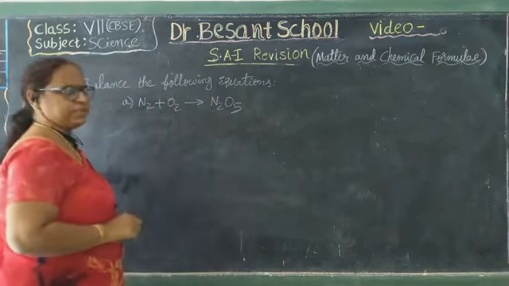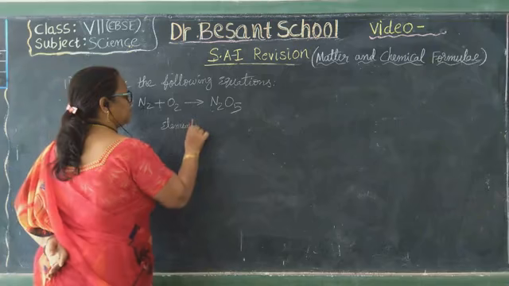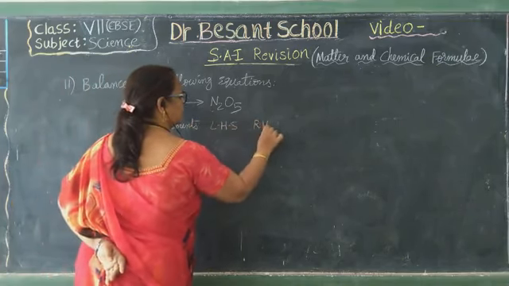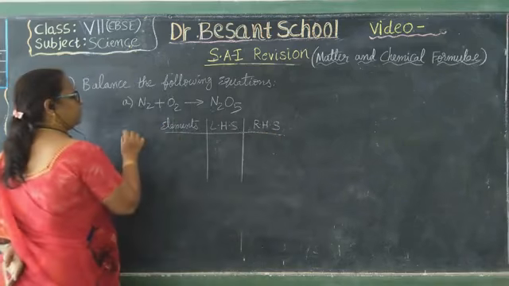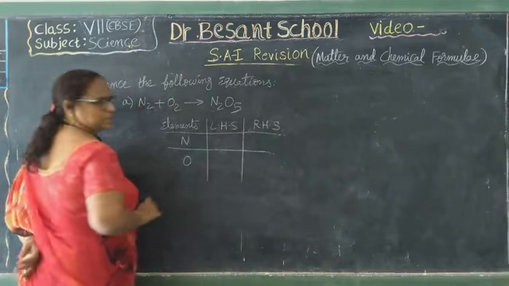As I explained, we will prepare a table: elements, LHS, RHS. LHS means reactant side and RHS means product side. Now what all the elements present? N, nitrogen and O, oxygen.